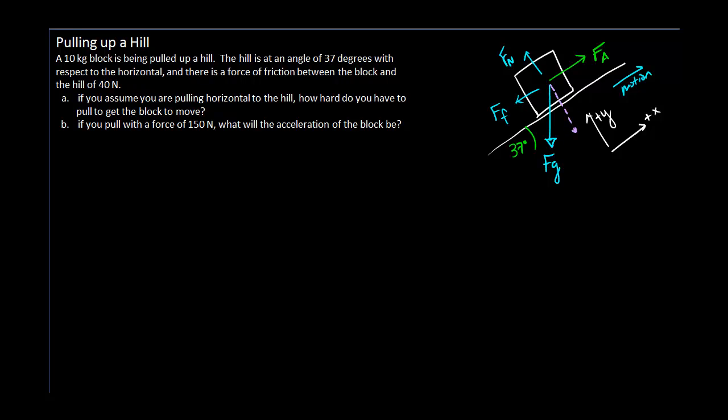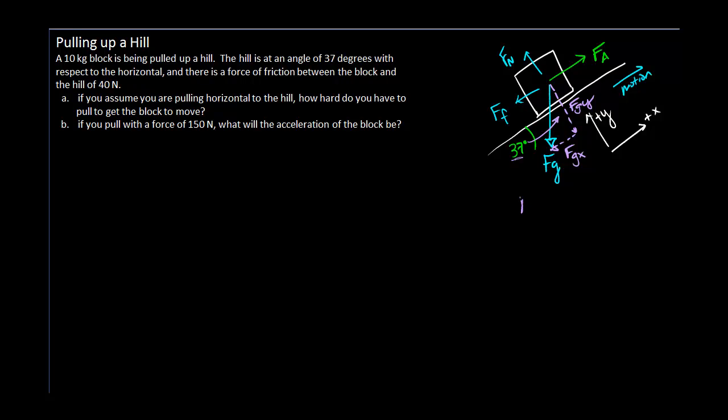We simply use our vector tools and our knowledge of trigonometry to create our gravitational force in the Y direction and our gravitational force in the X direction, sometimes called Fgy and Fgx. And the trick here is to realize that the angle of the hill is the same as the top angle of this triangle that I drew.